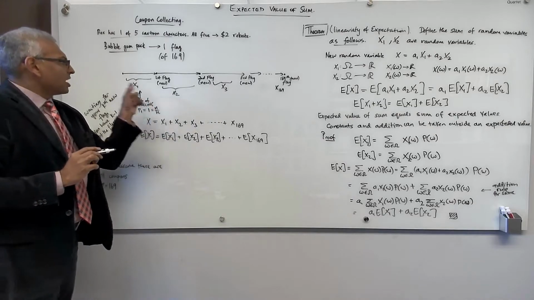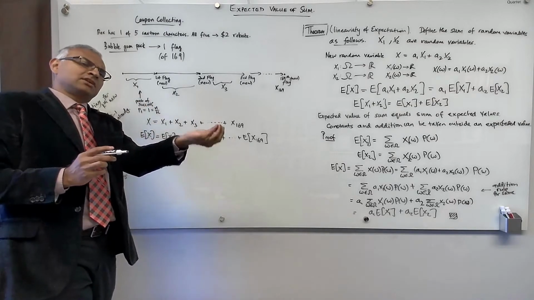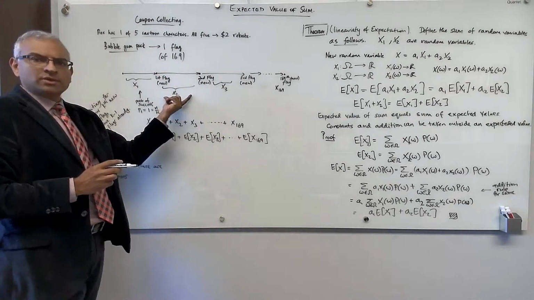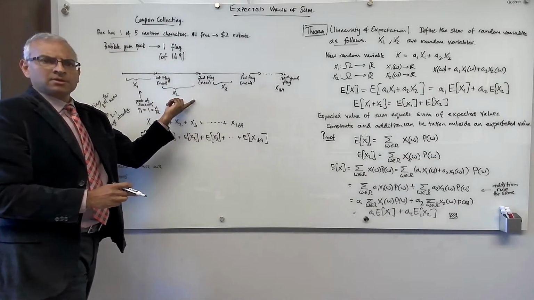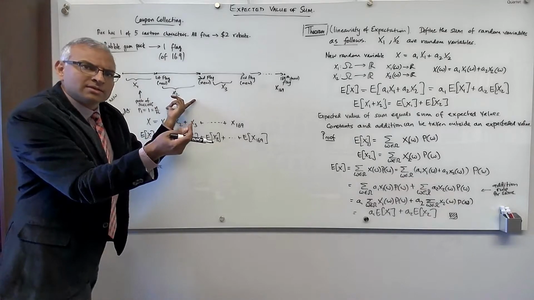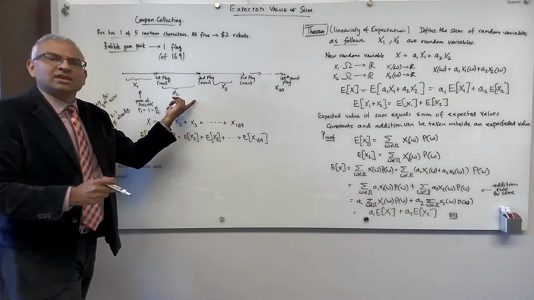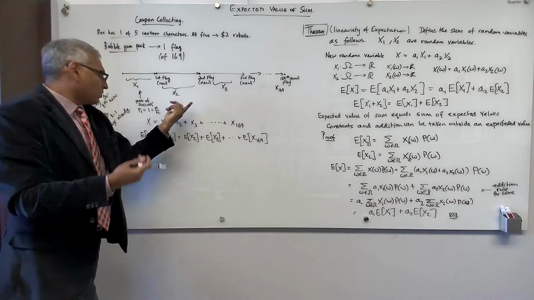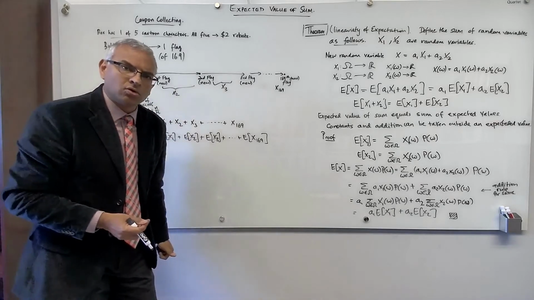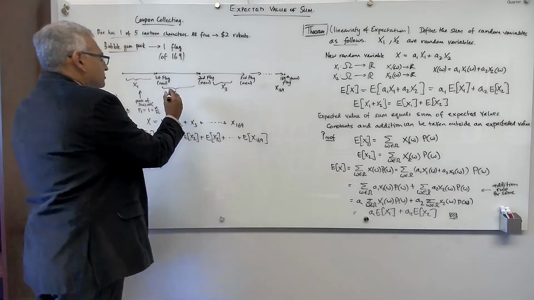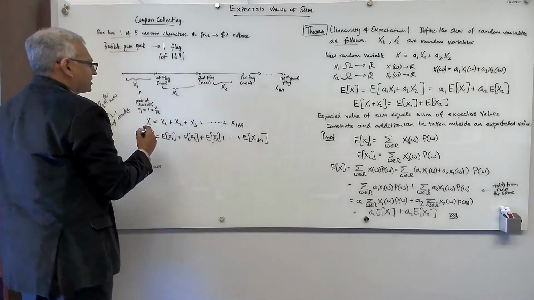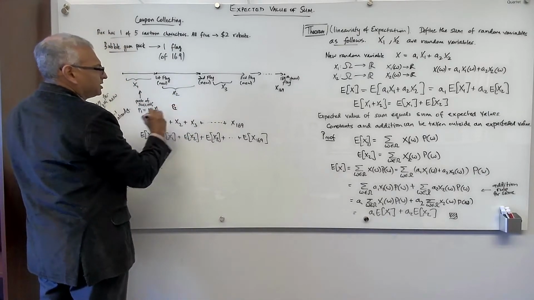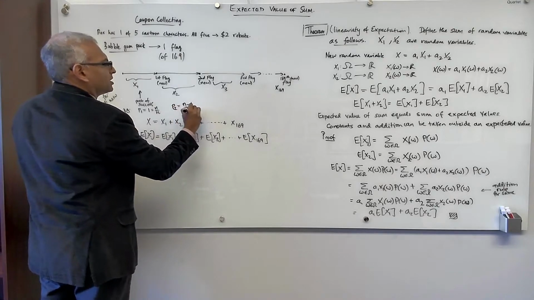After you got your first flag, that kills one of the varieties. Now you have n minus 1 to go. So when you get your next pack of gum, the chances are n minus 1 divided by n that you get a new one, and the chances are 1 over n that you repeat the old one that you already have. So the probability of success for each trial when you're waiting for your second flag, P2, is n minus 1 over n.